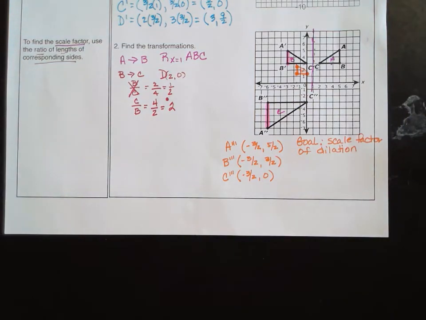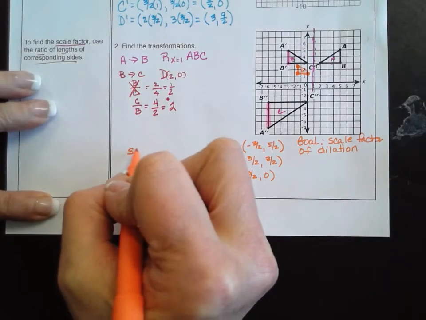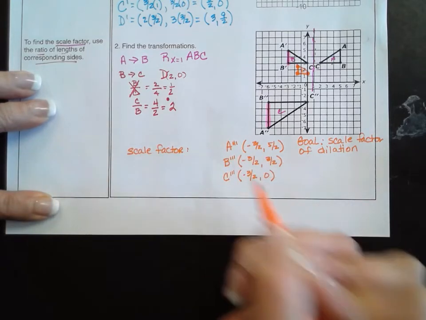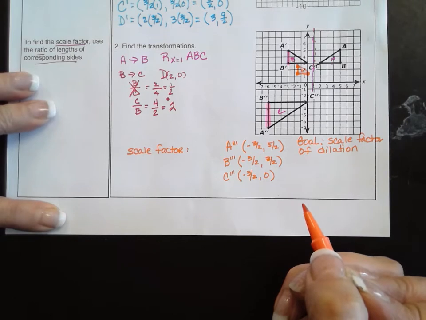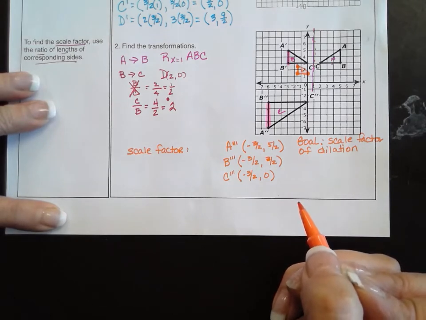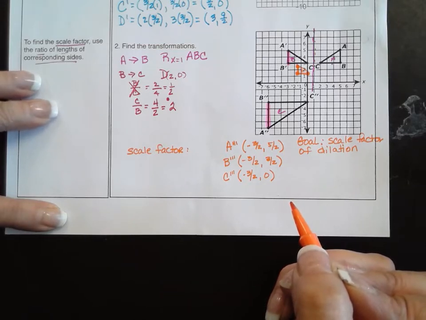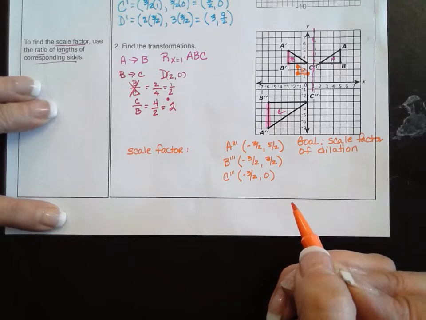Okay. What's the definition of a scale factor? Yes, but how do you find it? It is the amount it goes up or down by, but how do you find what the scale factor is? That means you need the more specific definition.